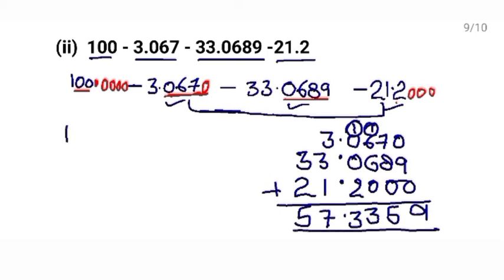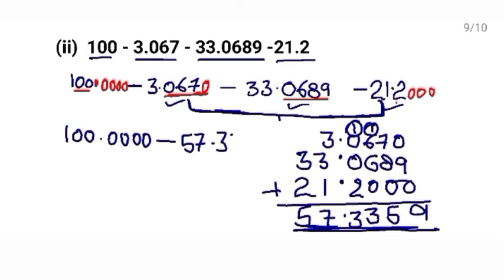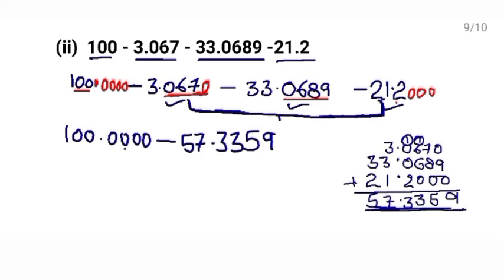Now write this, 100.0000 minus, after adding these 3 numbers, what you are getting? 57.3359. Now what is the next step?